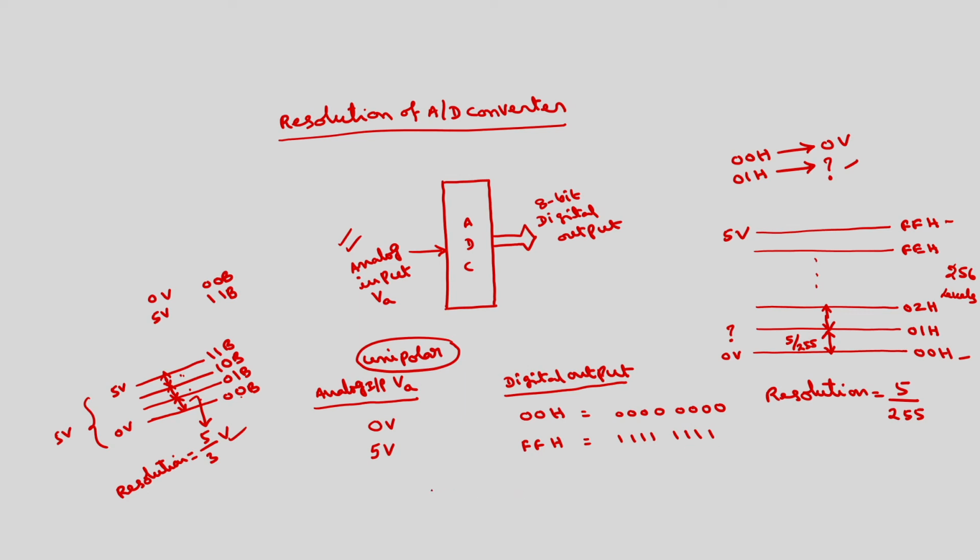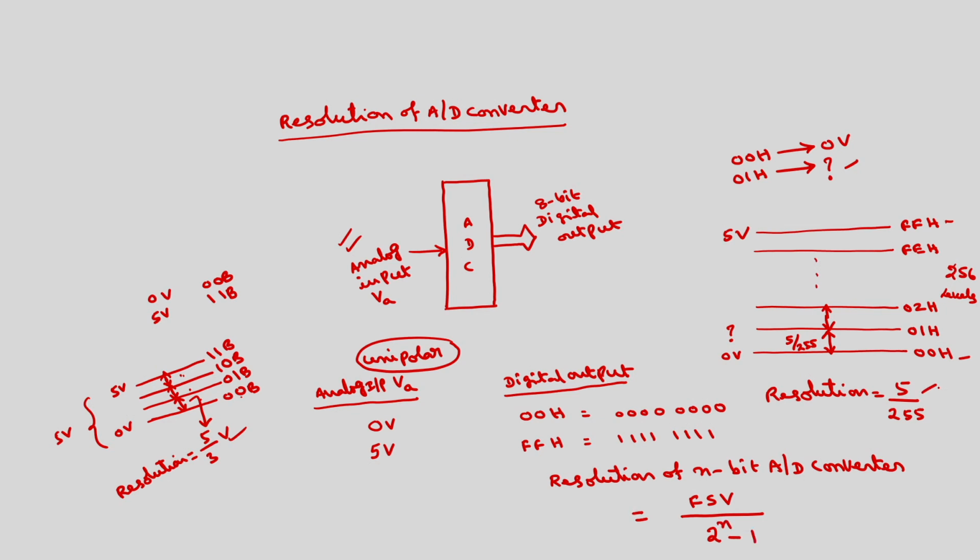In general, the resolution of an n-bit A to D converter can be represented mathematically as the full scale voltage divided by 2 raised to the power of n minus 1.